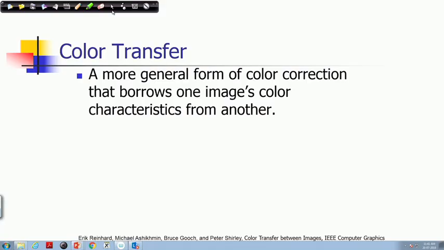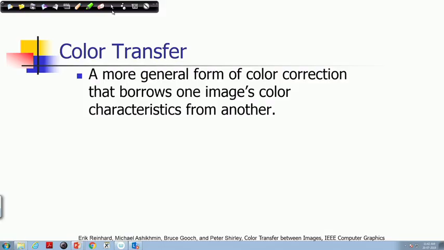In this operation, there is a source image which has its own color distribution, and there is another image which defines a target color distribution. The source image would like to borrow the target distribution in its own rendition.